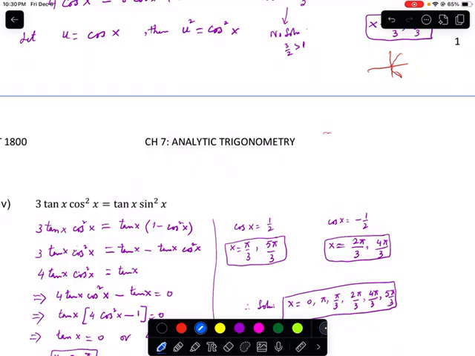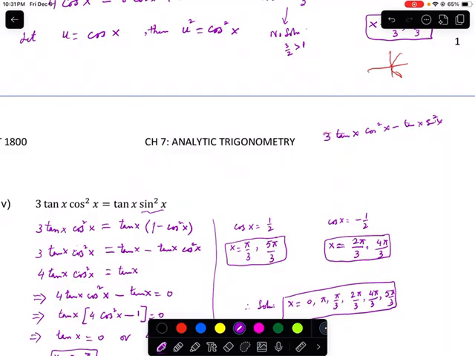But what I did here, I first used the Pythagorean identity, and changed this sine squared to 1 minus cosine squared. So we have only a cosine squared term, but I could have done it like this, that 3 tangent x cosine squared x minus tangent x into sine squared x.